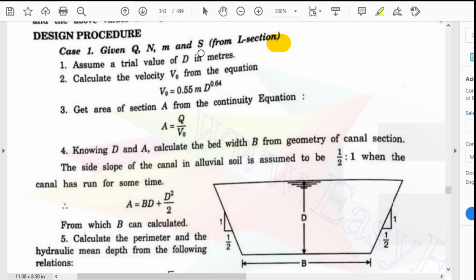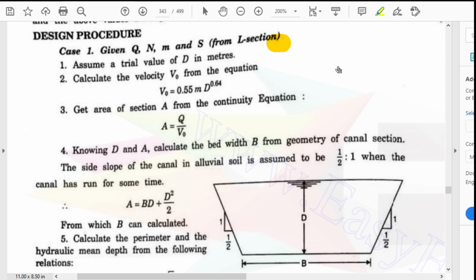Firstly you have to assume a trial value of D in meters. Here what you have to do is, firstly, whatever the depth is, you have to assume some value of depth in meters. Okay, this is the first step of the procedure.